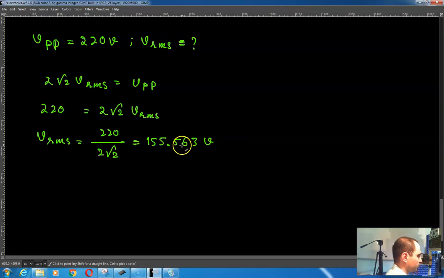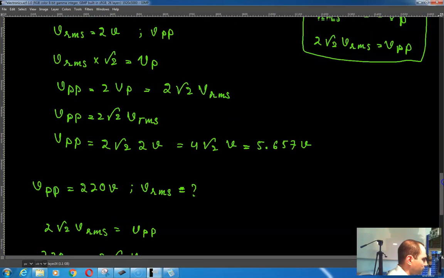So the RMS voltage is approximately 155 volts. No, I think I made a mistake over here.